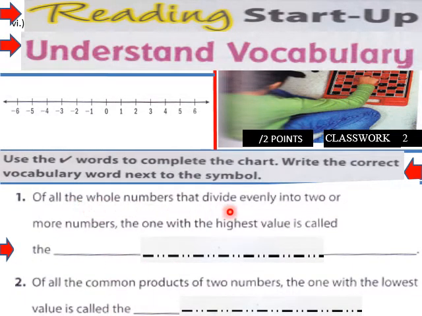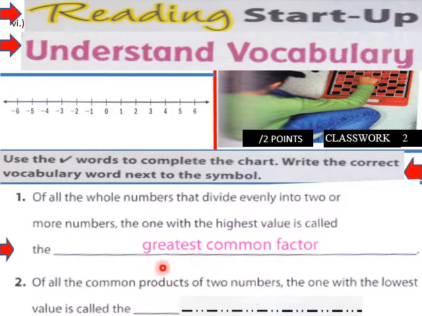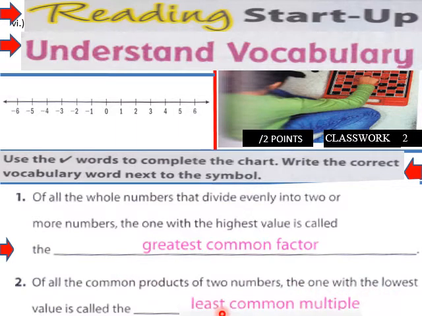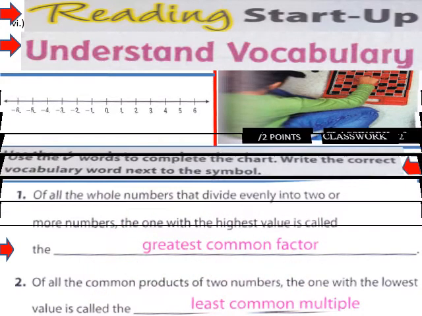So of all the whole numbers that divide evenly into 2 or more numbers, the one with the highest value is called the greatest common factor. Of all the common products of 2 numbers, one with the lowest value is called the least common multiple. So these are what we're doing mostly in chapter 2.